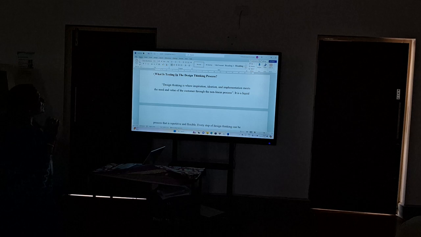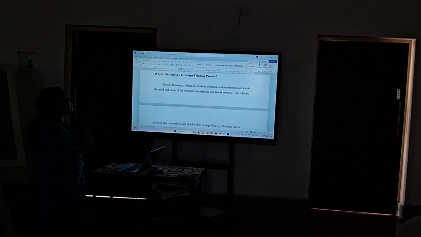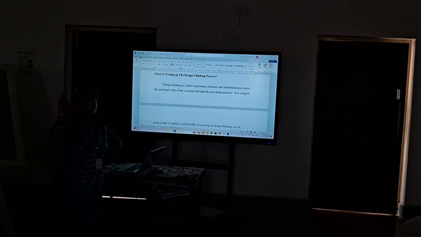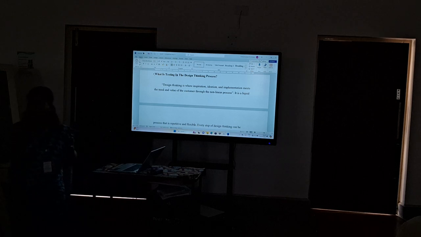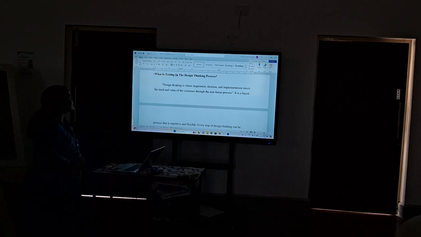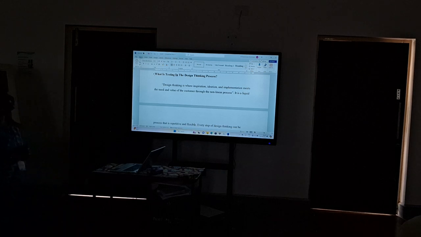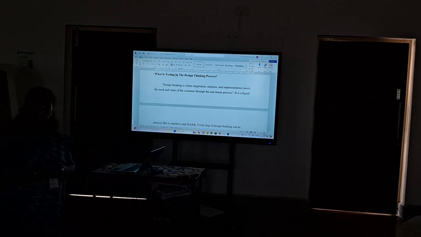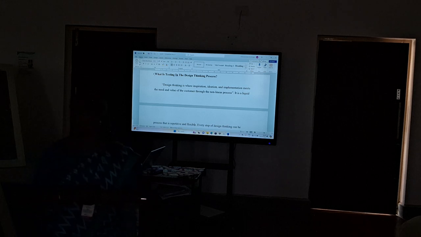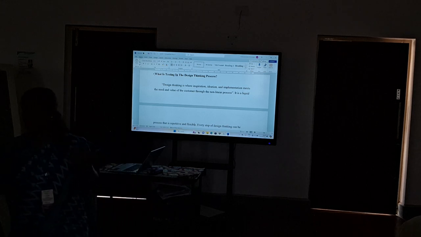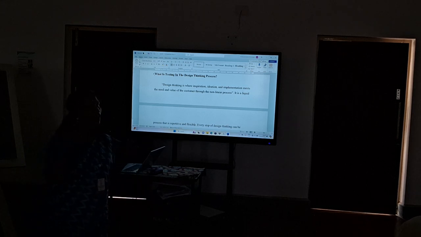Design thinking is where inspiration, ideation and implementation, normally we say this as the triple I's. There are different terminologies you need to know. Inspiration, ideation and implementation meet the need and value of the customer through the non-linear process. Ultimately, at the end of the day, what you have to look for is whether customer needs are satisfied or not.